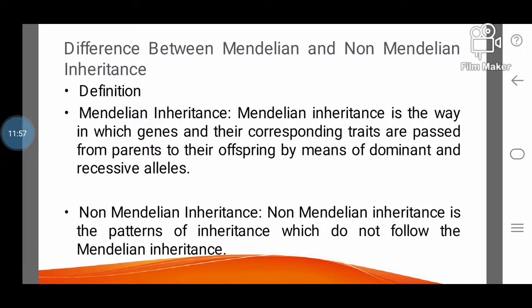So in Mendelian inheritance, the corresponding traits are passed from parents to their offspring by means of dominant and recessive alleles, while non-Mendelian inheritance does not follow Mendelian inheritance.